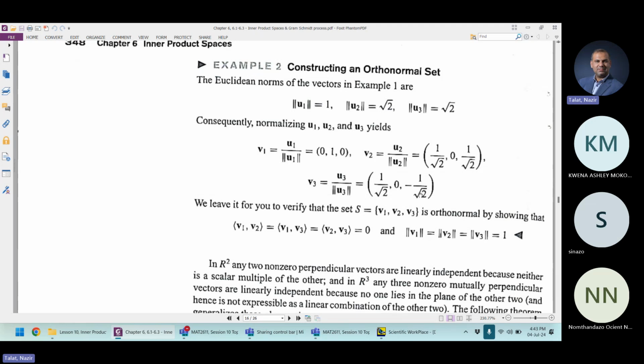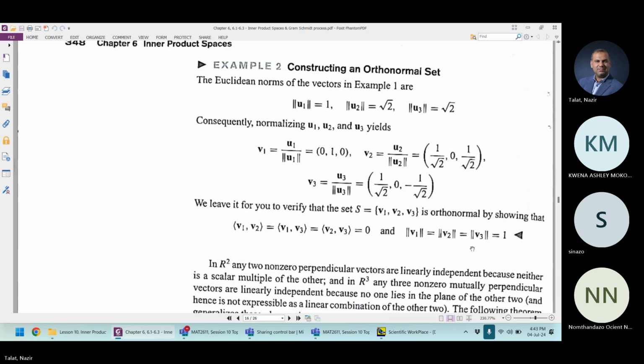v3 is 1. Now remember that for v1, v2, v3, the inner product of v1 with v2 is equal to 0. The inner product of v2 with v3 is 0. The inner product of v1 and v3 is also 0. And moreover, the norm of v1 is 1, the norm of v2 is 1, the norm of v3 is 1.